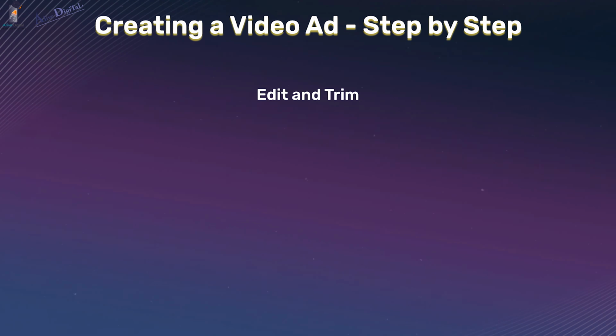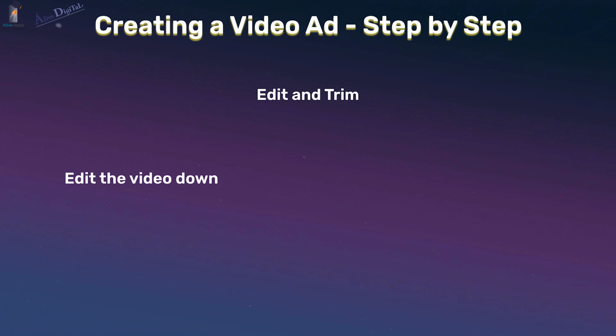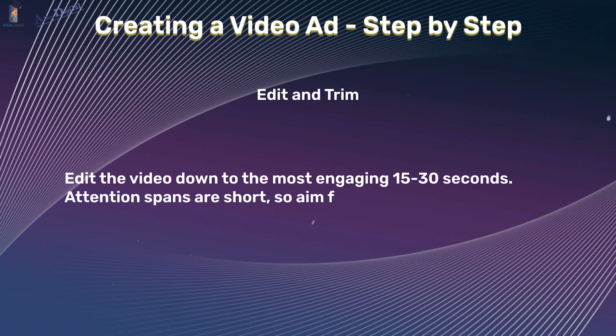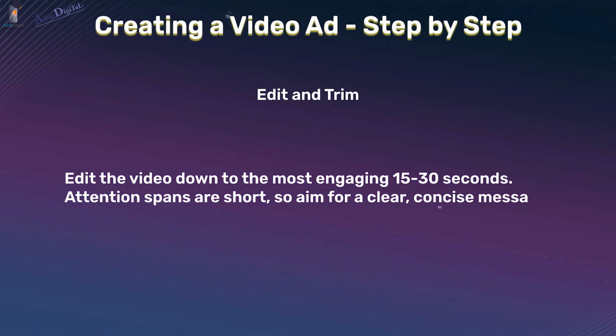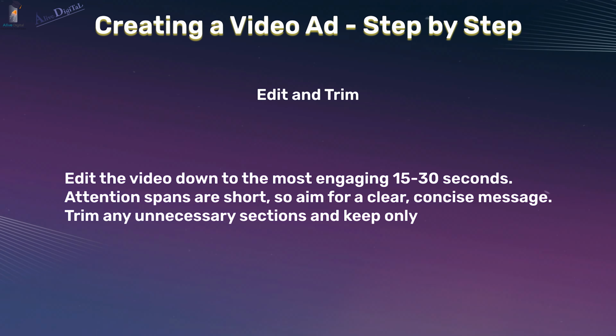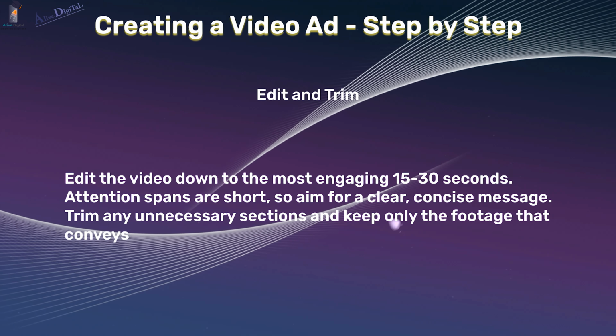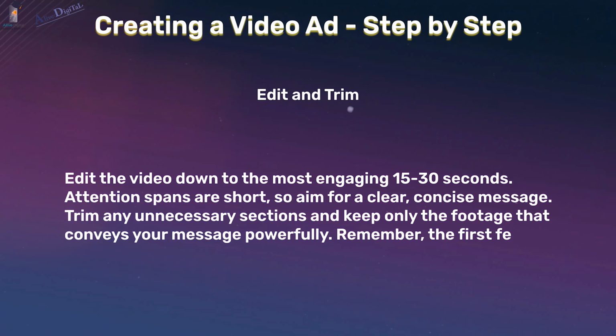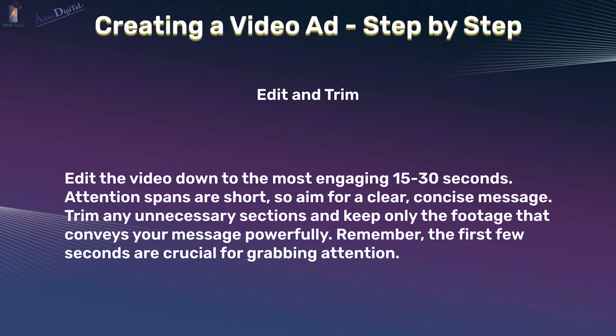Step 2. Edit and trim. Edit the video down to the most engaging 15 to 30 seconds. Attention spans are short, so aim for a clear, concise message. Trim any unnecessary sections and keep only footage that conveys your message powerfully. Remember, the first few seconds are crucial for grabbing attention.